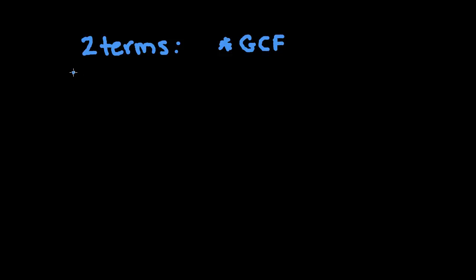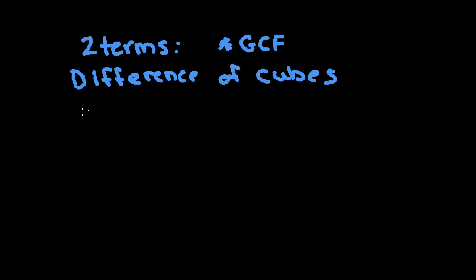And this is going to be difference of cubes. So this is when we're going to see something to the third power, and it's different, so it's minus something else to the third power.